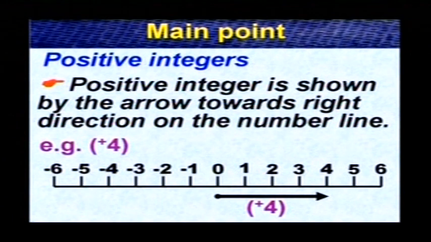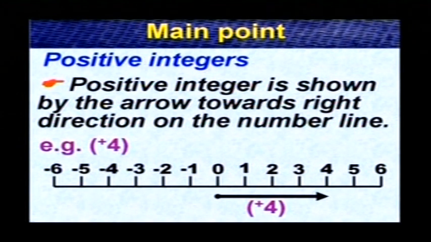With positive numbers, when we show them on the number line, the arrow will always face the right direction. In other words, a positive integer is shown by the arrow towards the right direction on the number line.